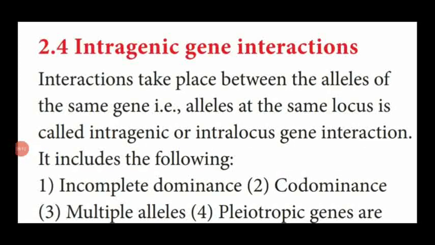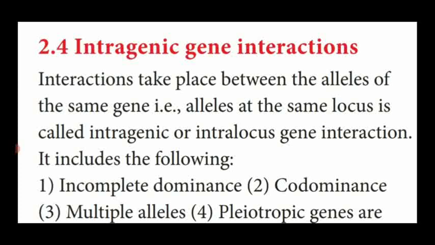Dear students, first we are going to see the intragenic gene interaction. The interaction takes place between the alleles of the same gene. Underline the words alleles of the same gene. So an individual gene has a pair of alleles, isn't it? The interaction takes place between the pair of alleles present in the single gene, and it is named intragenic gene interaction.